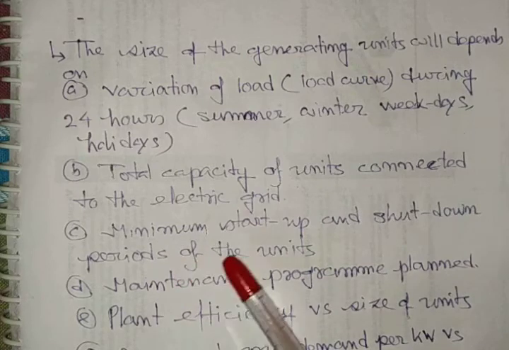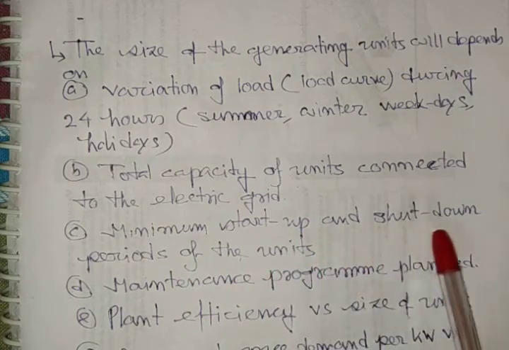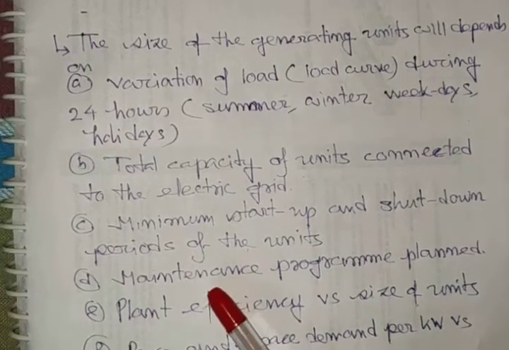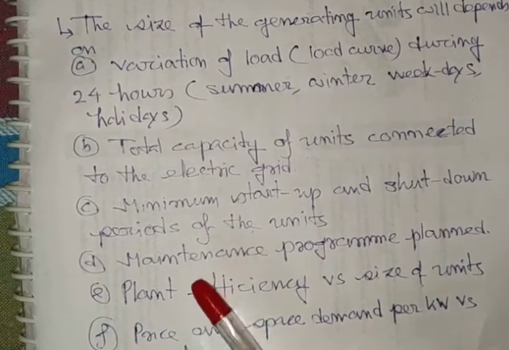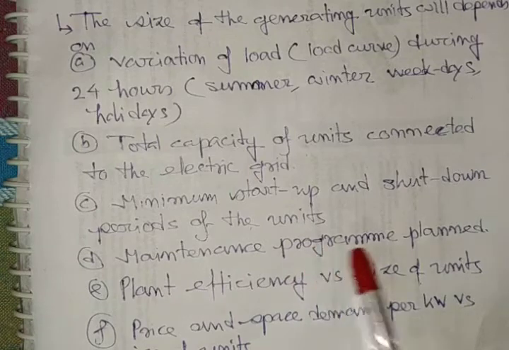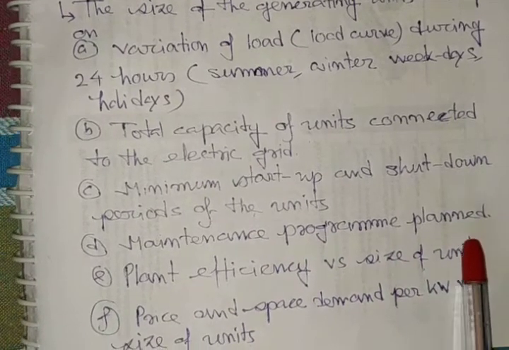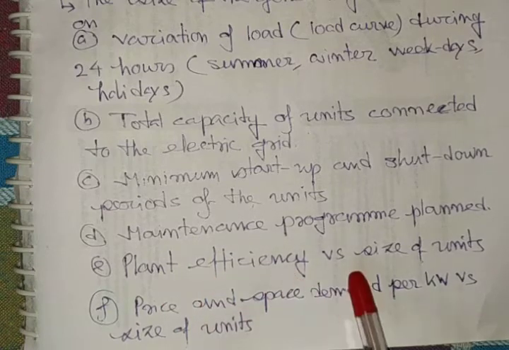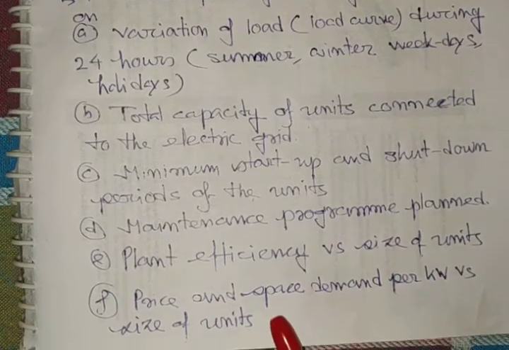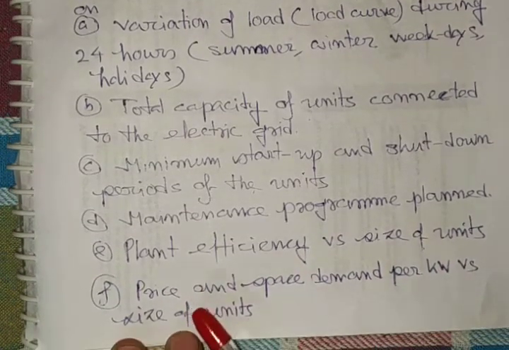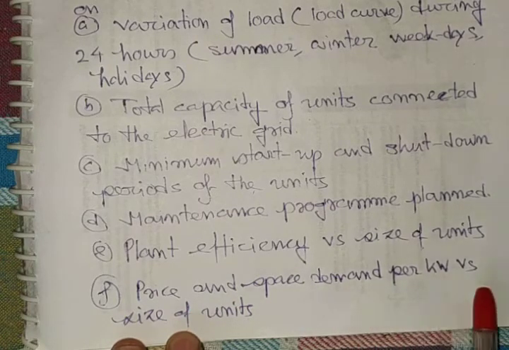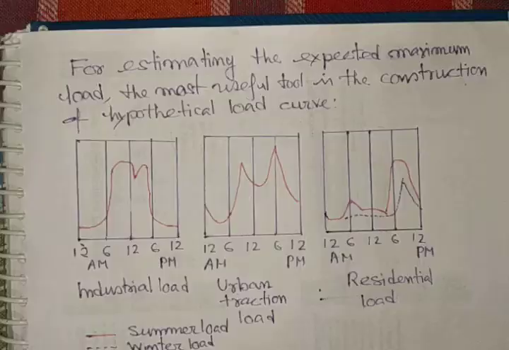Number C, minimum startup and shutdown period of the unit. Number D, maintenance program plan. Number E, plant efficiency versus size of the unit. Number F, price and space demand per kilowatt versus size of the unit.